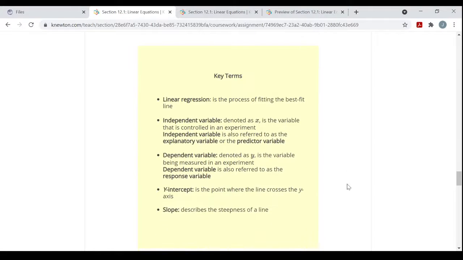Alright, so some key terms. Now, we'll get into in other objectives, other videos, this concept of linear regression, which is the process of finding the best fit line. Right, because what you're going to have is a bunch of pairs of data, and make a scatter plot.